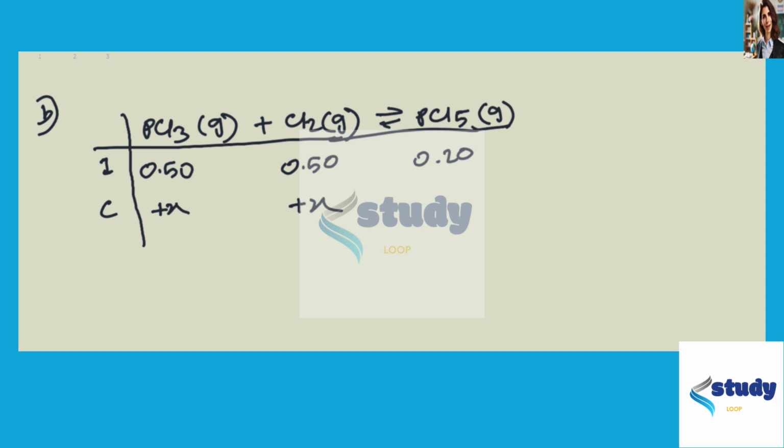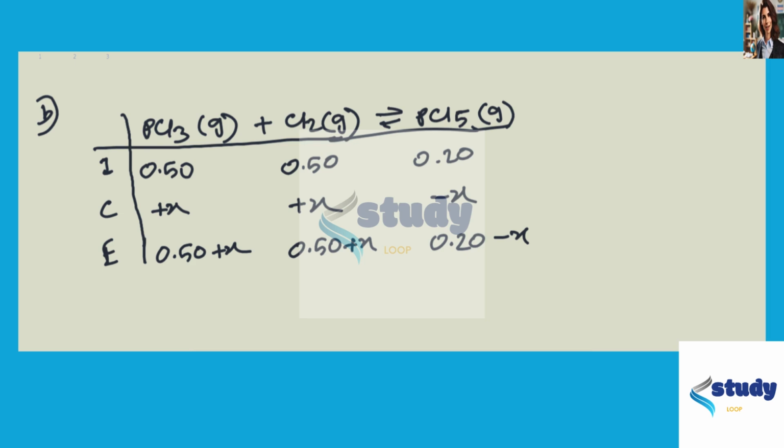That means the change for PCl5 will be minus x. So the equilibrium pressure will be 0.50 plus x for both reactants, and 0.20 minus x for the product.